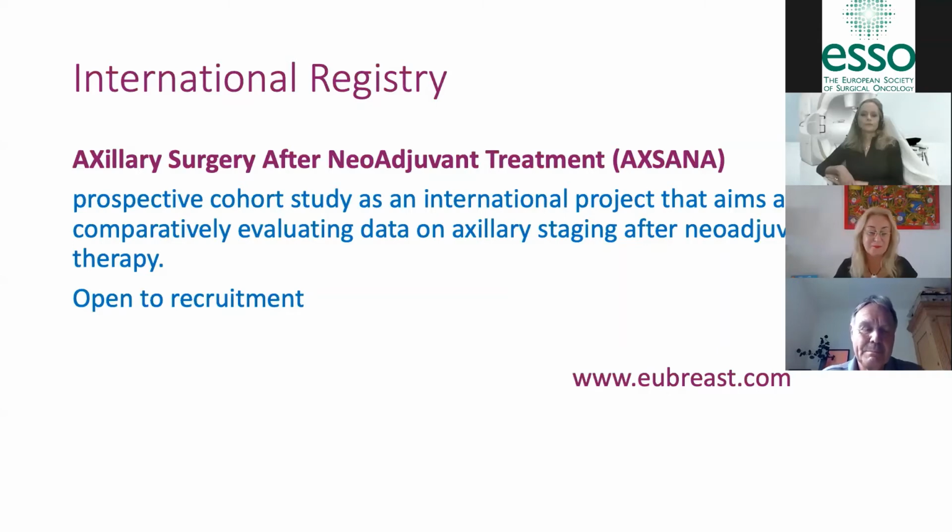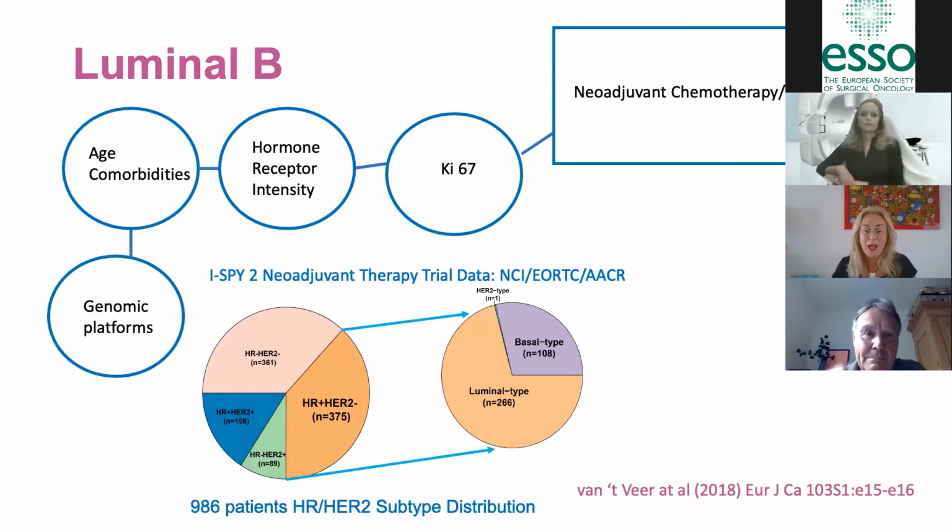A couple of words, just to finish, about the patients who had luminal B tumors, which for me in this case are the more difficult to decide whether to undergo surgery or neoadjuvant treatments. I'm not going to go very deep into this, just a couple of things to remind: we need to take into account many factors, probably a little bit more than we used to with HER2 and triple negative.